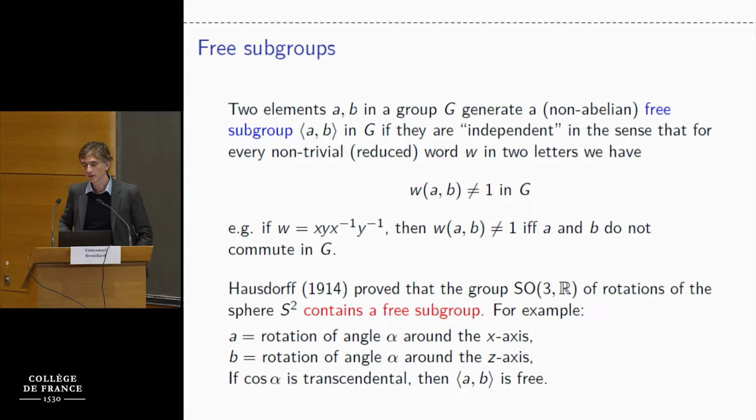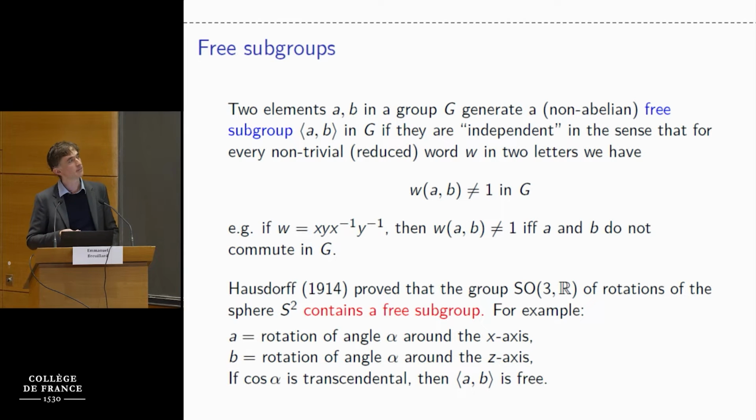So the existence of free subgroups inside other ambient groups goes back a long time ago. One of the most famous examples is due to Hausdorff, who in 1914 proved that the group of rotations of the sphere contains a free subgroup.